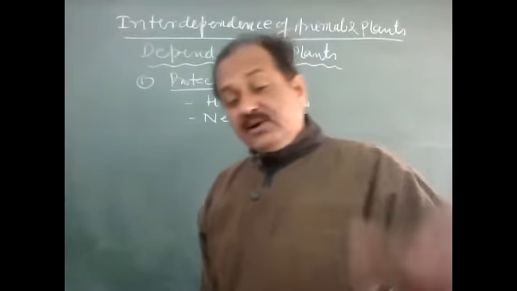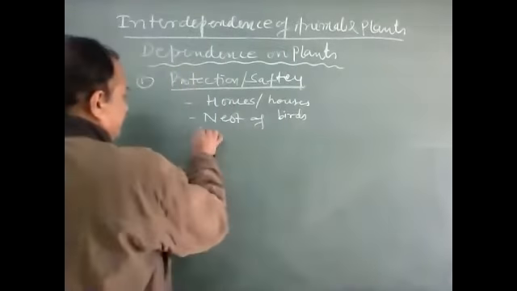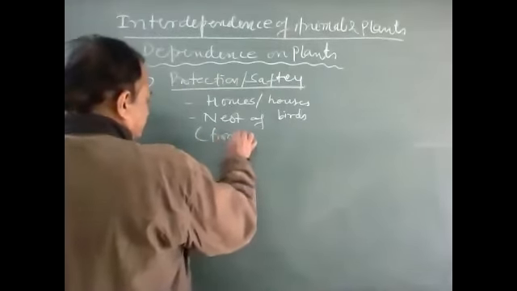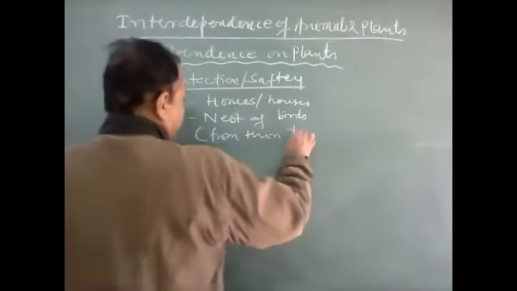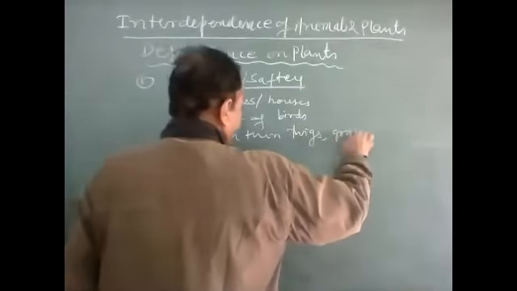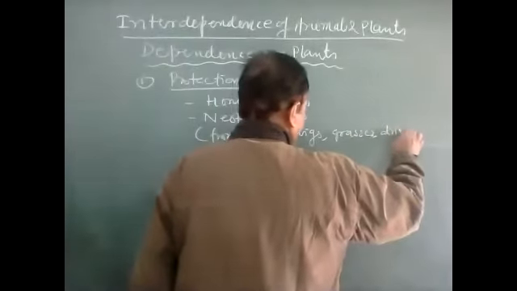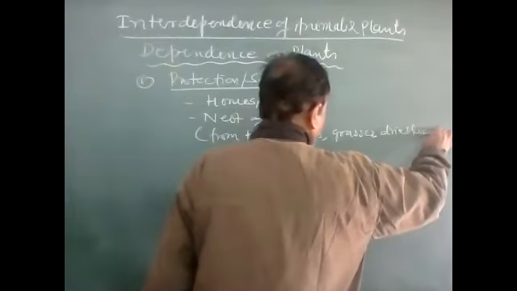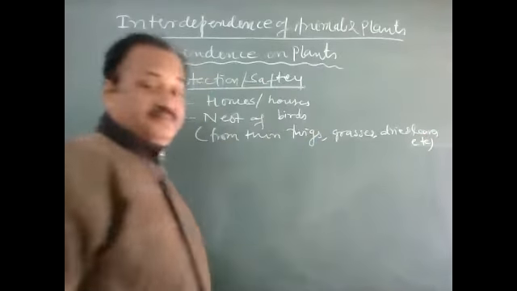So the nest of the birds is made from thin twigs, grasses, dried leaves, etc.